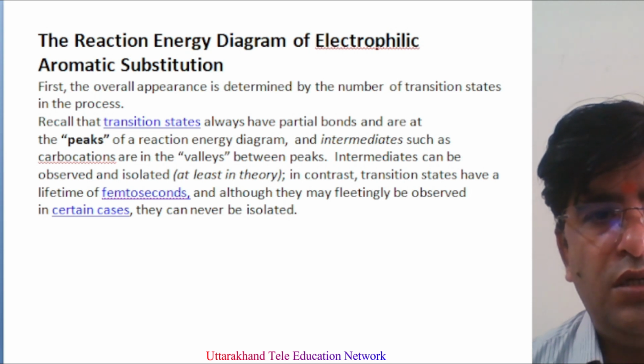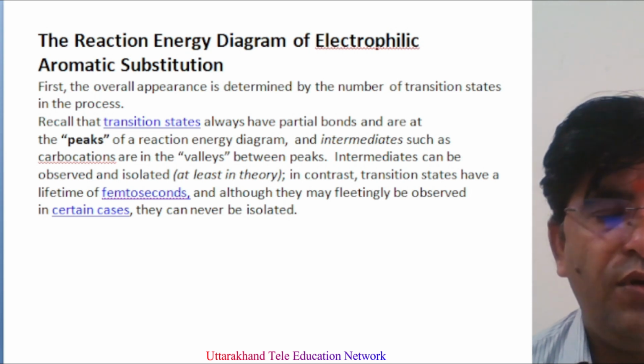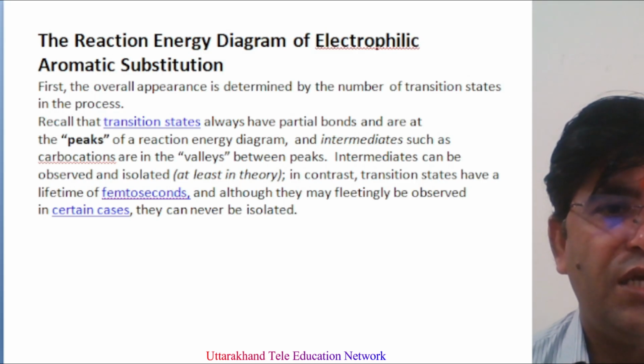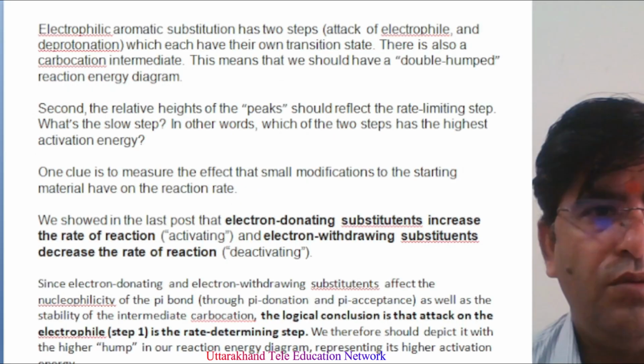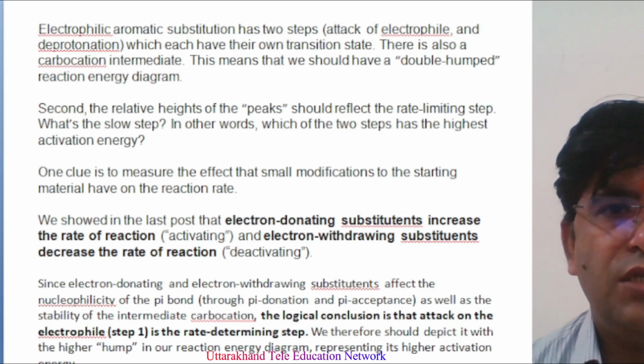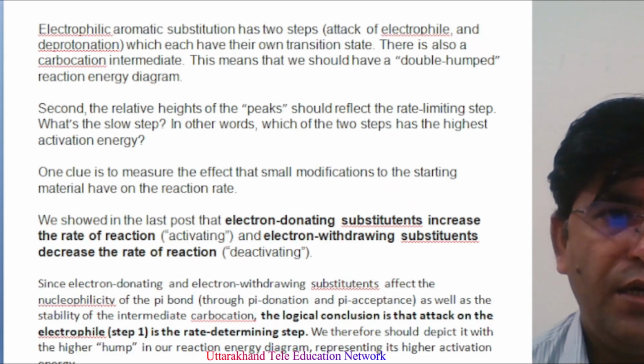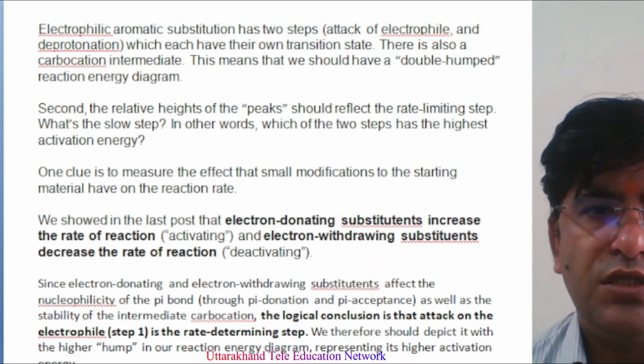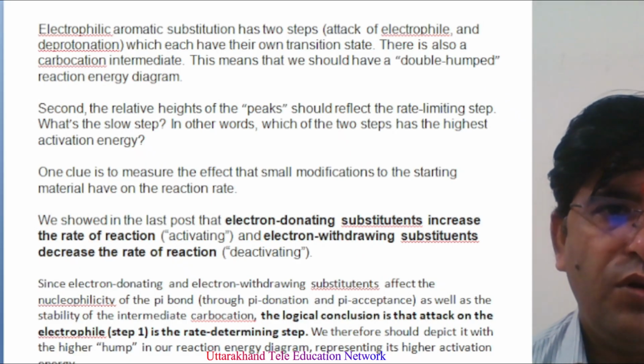In contrast, transition states have a lifetime of femtoseconds, and although they can fleetingly be observed in certain cases, they can never be isolated. Electrophilic aromatic substitution has two steps, attack of the electrophile and deprotonation, which each have their own transition state. There is also a carbocation intermediate.